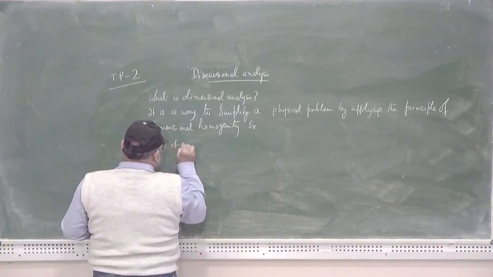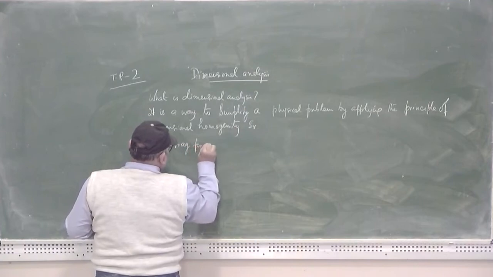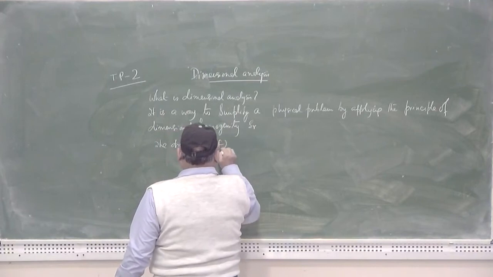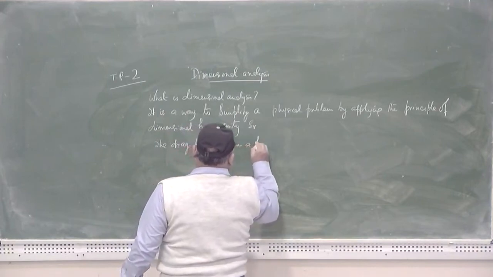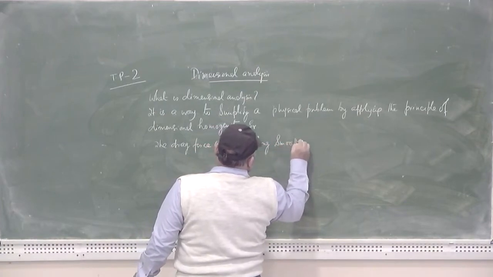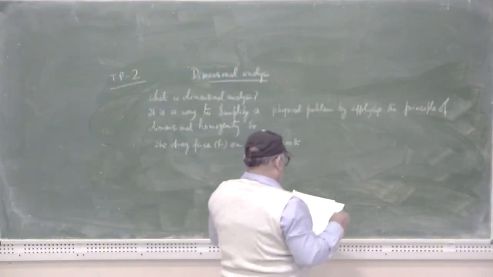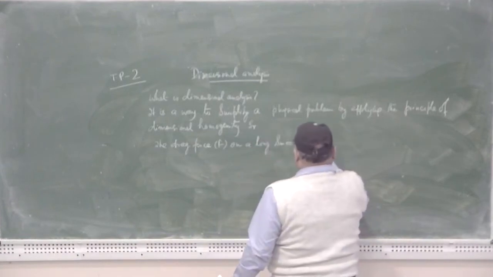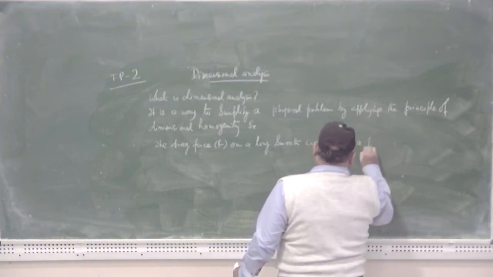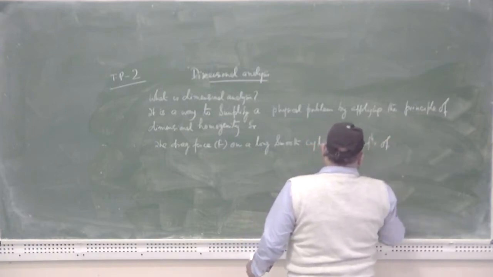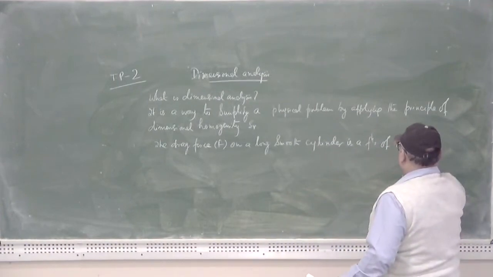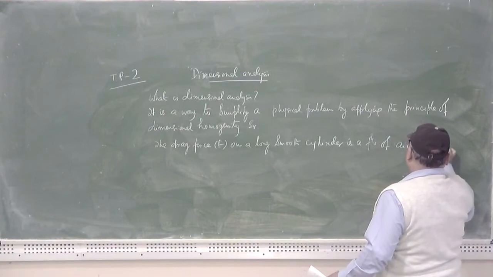The drag force F on a long smooth cylinder is a function of air speed v.